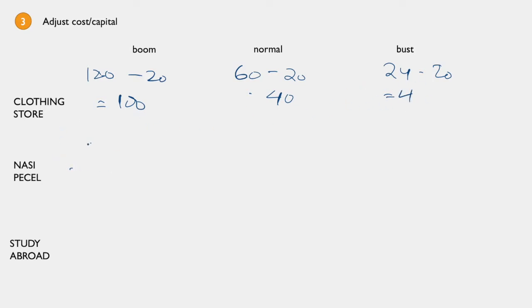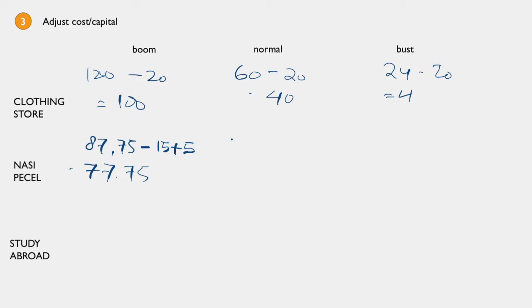For nasi pecel, it's 75 minus 15 because of the cost of capital, and because we still have 5 million that we saved, we add it here, and because of this we will have 77.75.